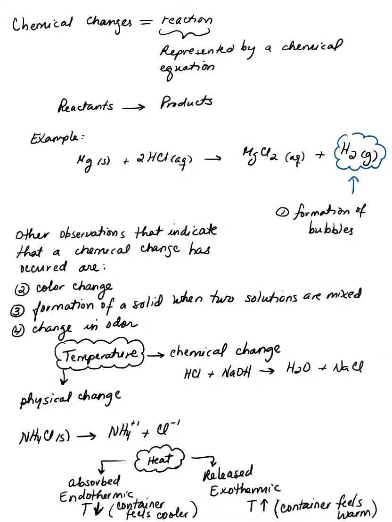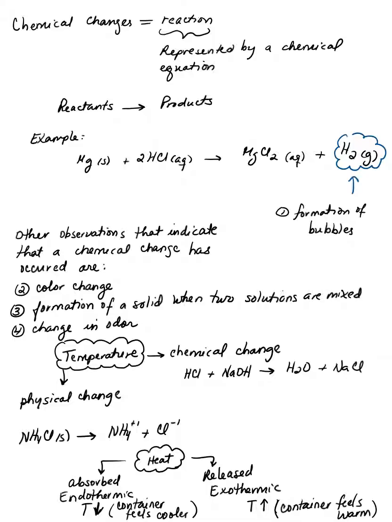So for the ionic bond in ammonium chloride to break apart so you can have your positive and your negative ions in solution, that ionic bond requires an amount of heat or energy to break apart. Whenever you have an endothermic process, you can actually feel the temperature change.